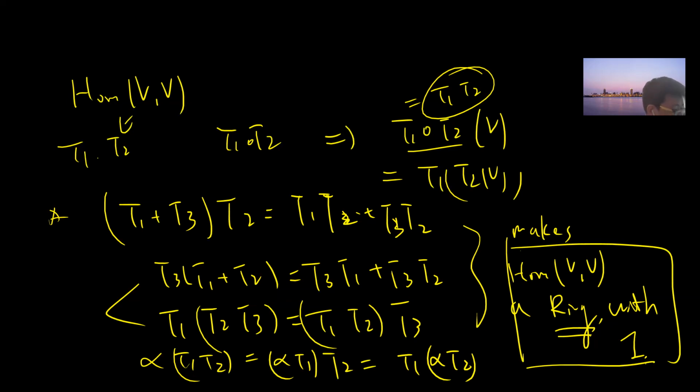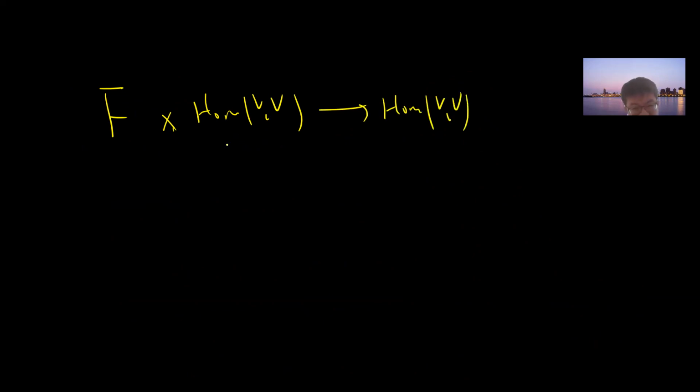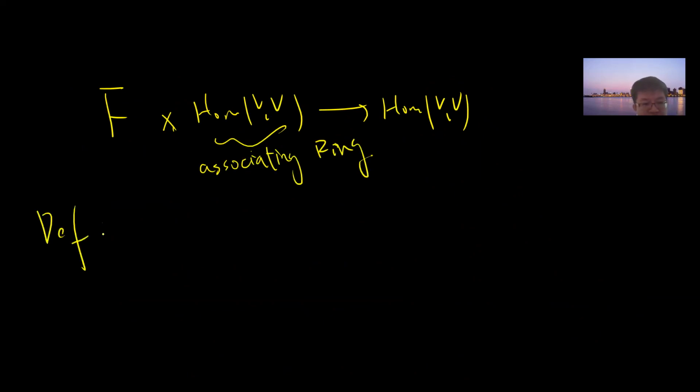You can also take the element alpha times T1. Basically we have a field F and the vector space Hom(V,V), and we can define a multiplication F times Hom(V,V) to Hom(V,V). So you can multiply by some constant in an associative ring. Let me give a definition.